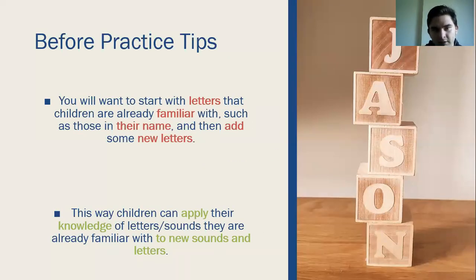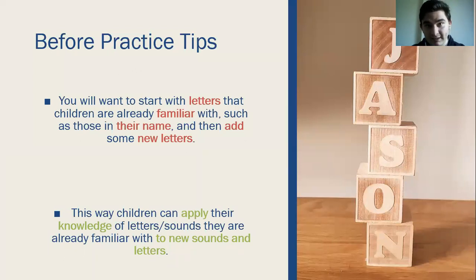Another tip is that if you want the kids you're teaching to make a connection between phonemes and graphemes, you can start by using their name, even if they don't know how to spell it. You can develop from there, because you can use the letters in their name to create some new words, and then add more and more new letters to that new word.